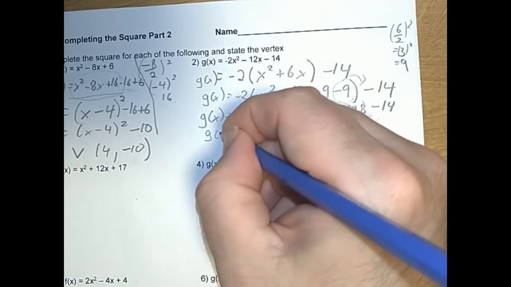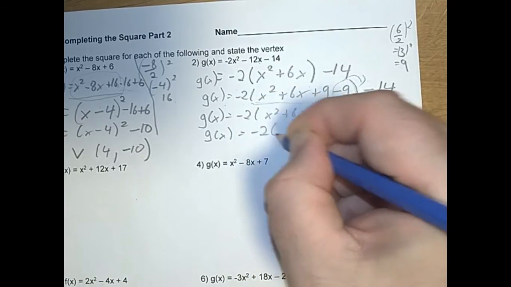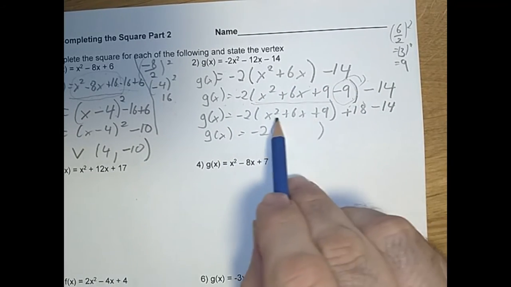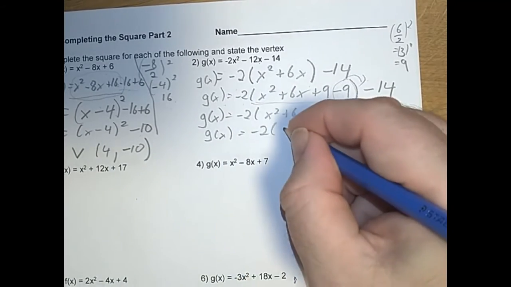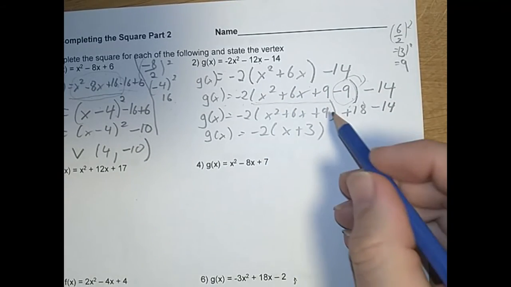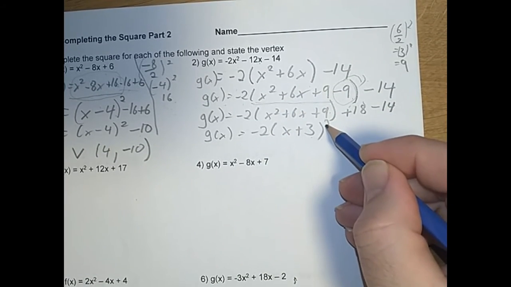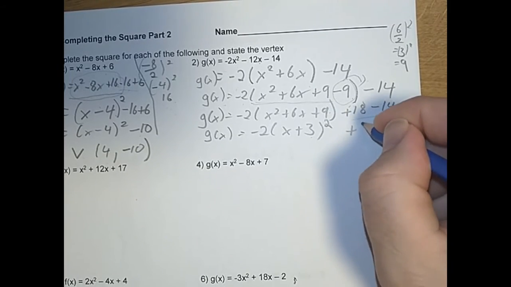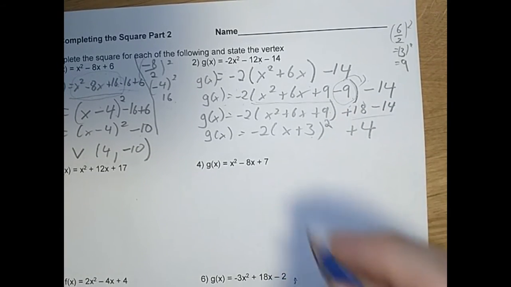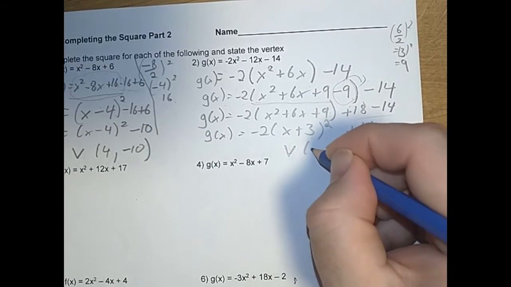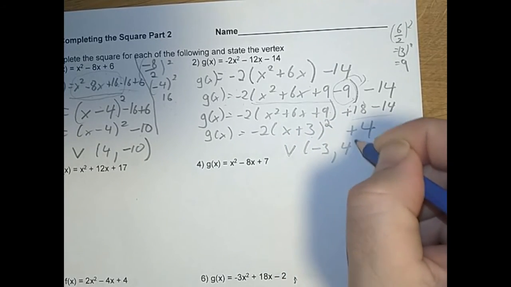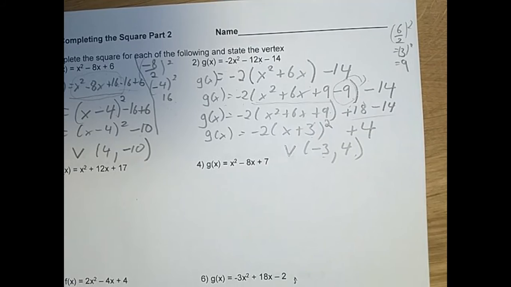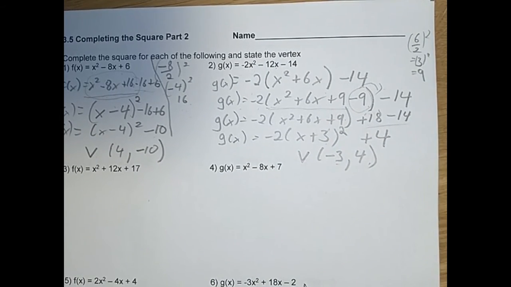On the next step, this is now my perfect square in here. You take half of that, x plus 3, or you take the square root, and put the little square there. Then you put these two together, plus 4. My vertex is -3 comma 4. So the vertex has the opposite sign for the x-value and the same sign for the y-value, and then you could graph it if you wanted to.